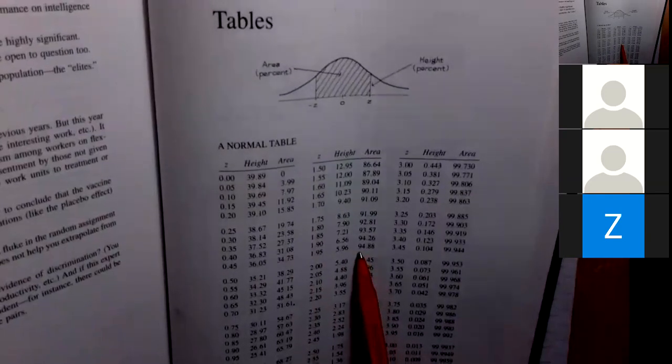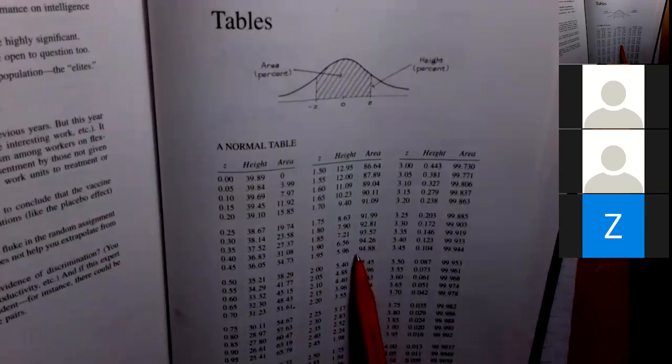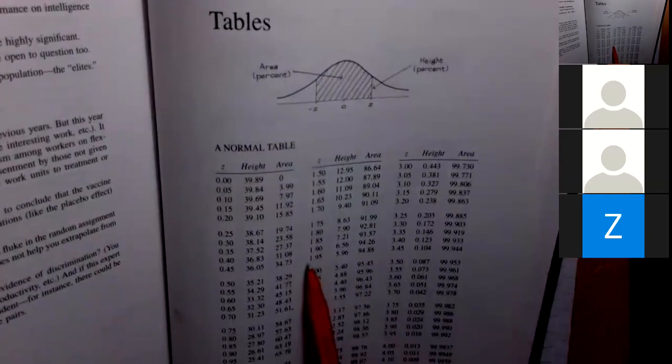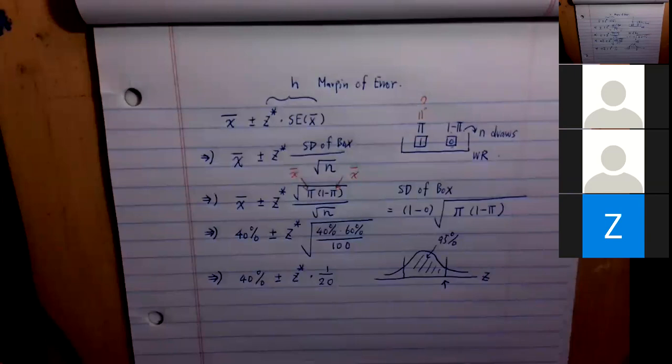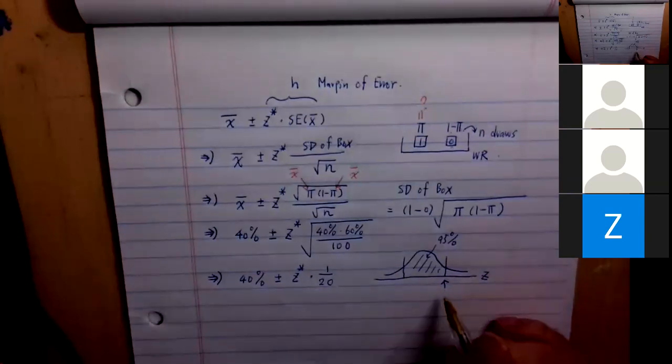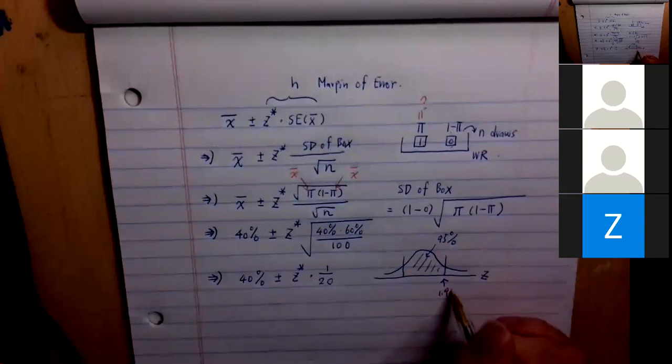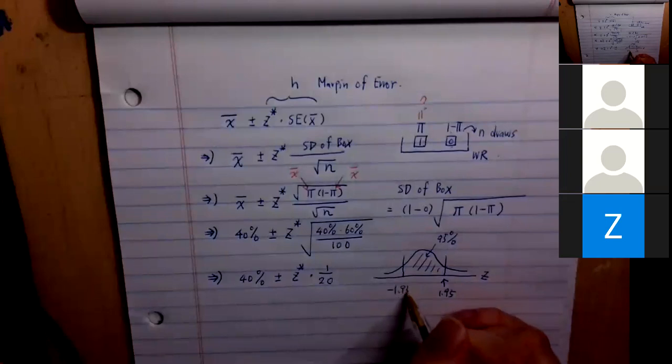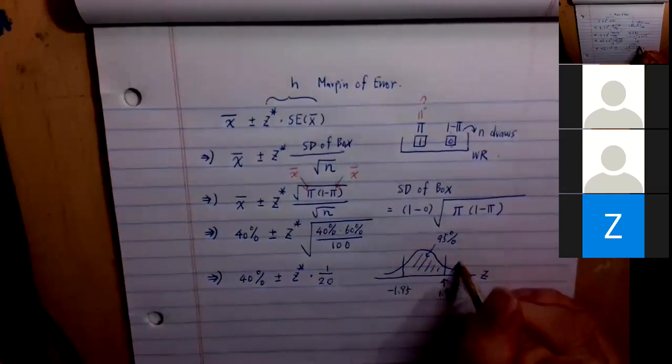You find 94.88%, very close to 95%. So the corresponding z value is 1.95, okay? So we put 1.95 here, and the normal is symmetric. This is minus 1.95.